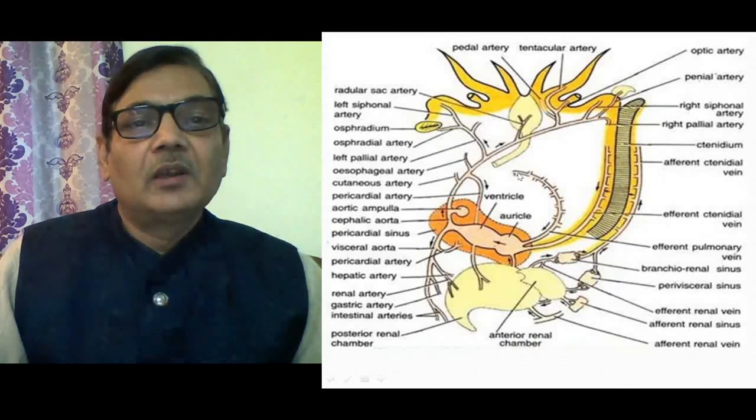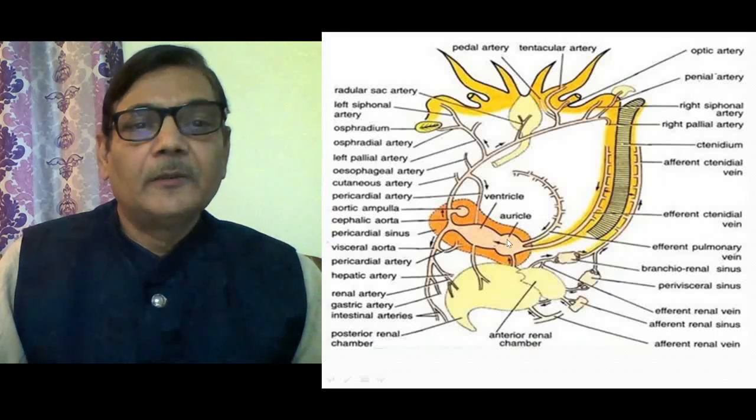You can think this way: when the animal is in the terrestrial mode of life, the pulmonary sac helps in aerial respiration, and the oxygenated blood is mainly collected in the efferent pulmonary vein, and then it is poured into the auricle.